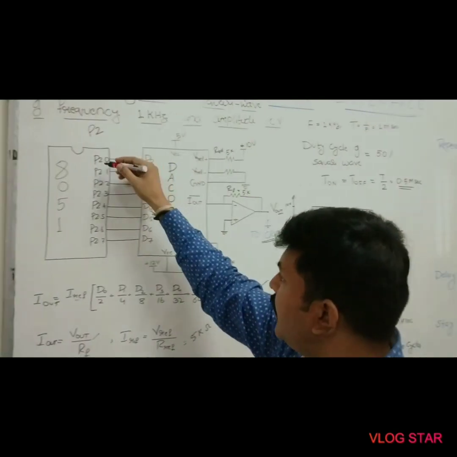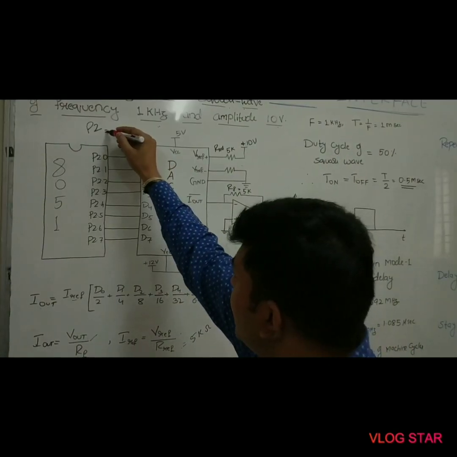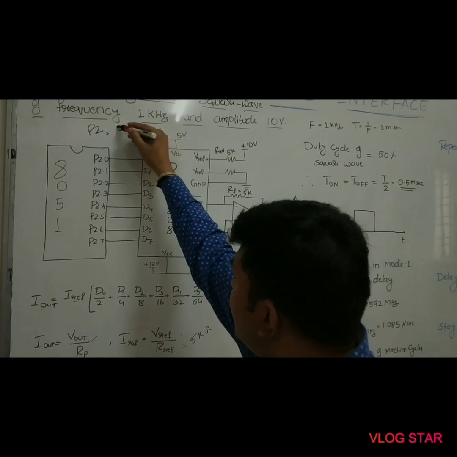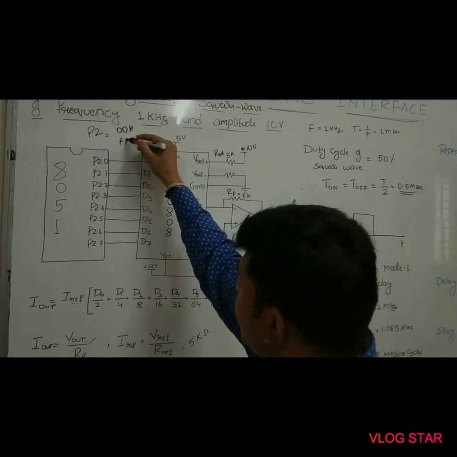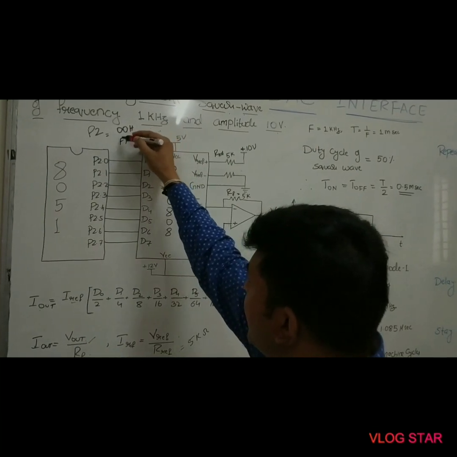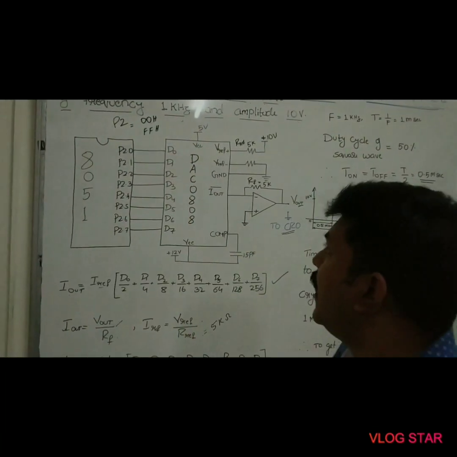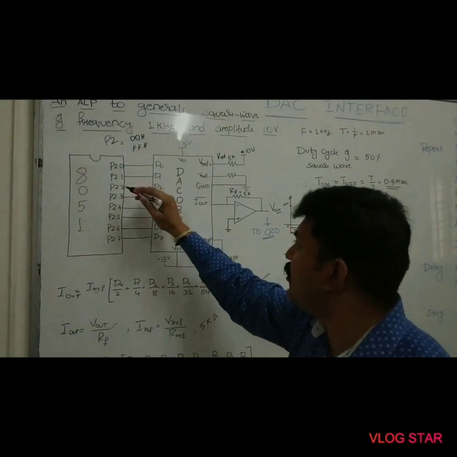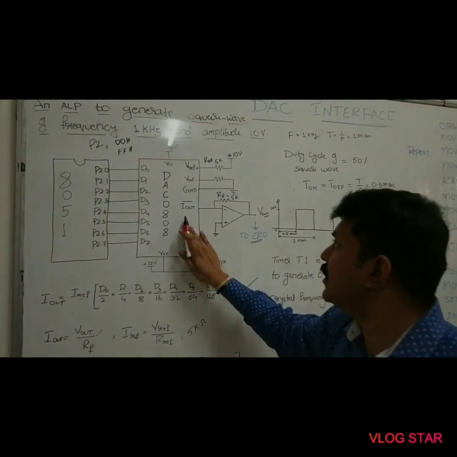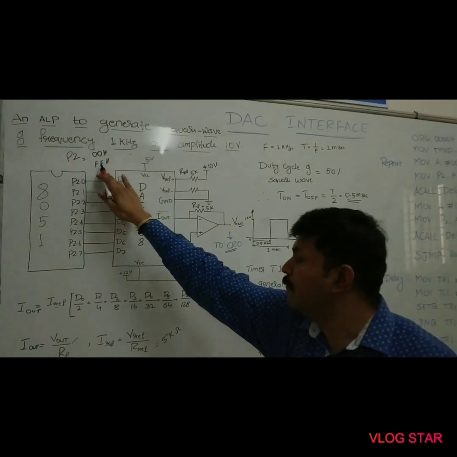When I connect port 2, I can give a minimum 8-bit value of 00H and a maximum value of FFH. In between, starting from 00 to FF, I can give any of the hexadecimal values, and the DAC will convert based on the value I give.